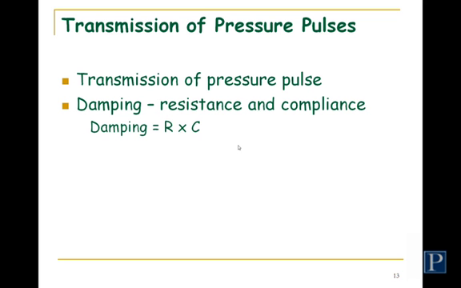Well, if I look at this equation for damping, according to this, if you're more compliant, you dampen it more significantly. But the compliance significantly will increase in the arterioles, because what we're seeing is aggregate compliance.